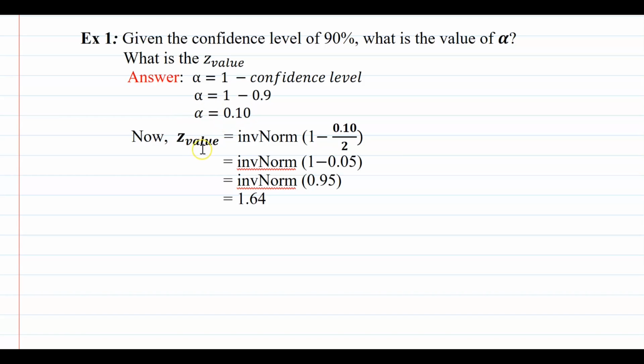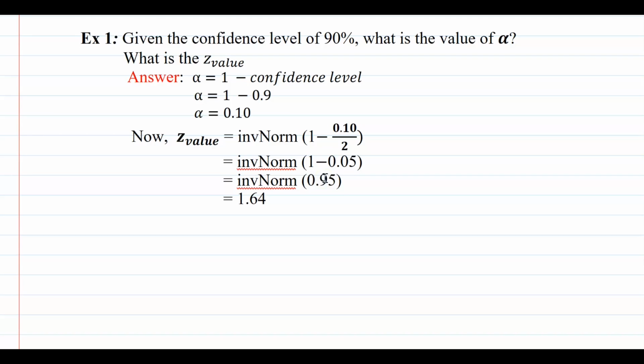Now for the Z value, we will use inverse normal of 1 minus 0.10 over 2, which is alpha over 2. And 0.10 over 2 is 0.05. So 1 minus 0.05 is equal to 0.95. So this will be the number that we will be using, inverse normal 0.95.